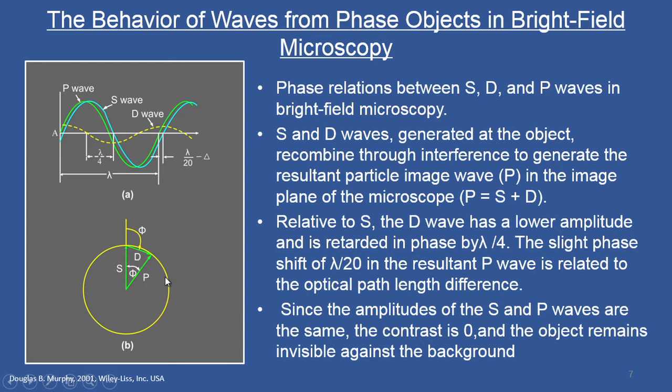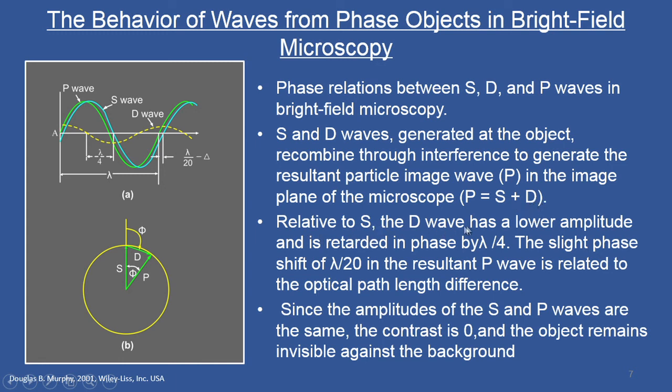If it is a phase retardation, it is in the clockwise direction, and if it is a phase advancement, it is anti-clockwise. So, whatever we have seen in A is represented in polar coordinates in B. Now you look at this: the S and D waves generated at the object recombine through interference to generate the resultant particle image wave P in the image plane of the microscope, that is P equal to S plus D.